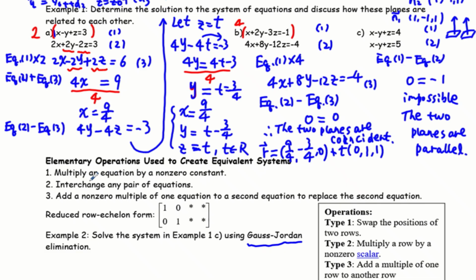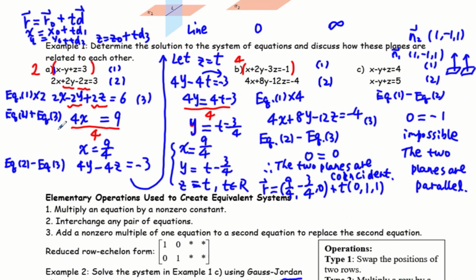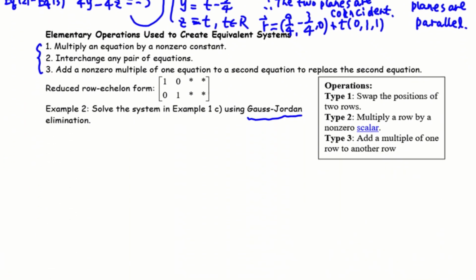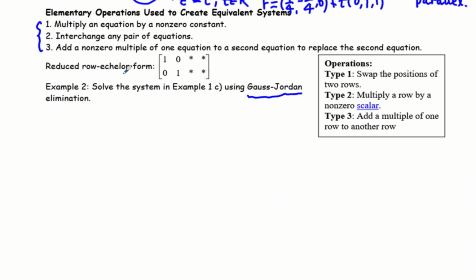So we can multiply an equation by a non-zero constant, we can also interchange the equations, and we can add a non-zero multiple of an equation to another equation. All these operations we could use. It won't change the solutions for the system.